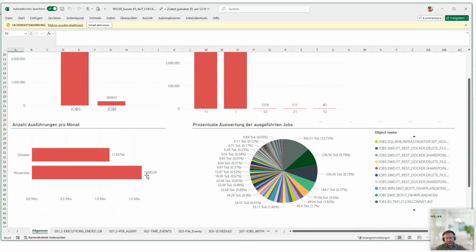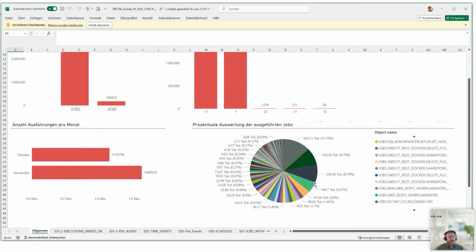Especially for me, I don't know how you feel, but if you see this pie graph, we have 1, 2, 3 big areas. What does this mean? In October and November, the time frame for the analysis, we had 3 objects which are responsible for most of the executions in this Automic system.